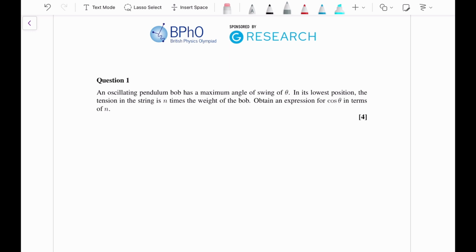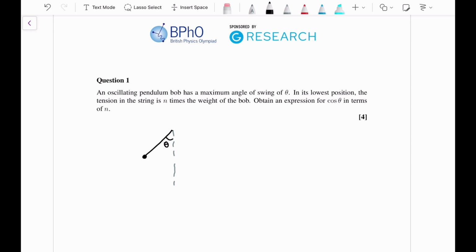This is the vertical and then there's a bob. The maximum angle of swing is theta, and it's also given that at its lowest point, the tension is n times the weight of the bob.